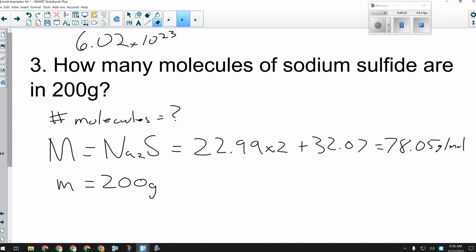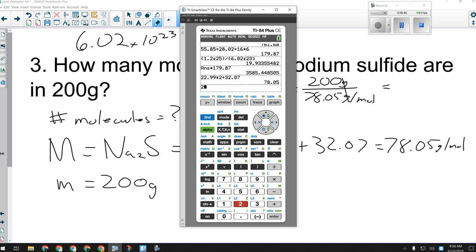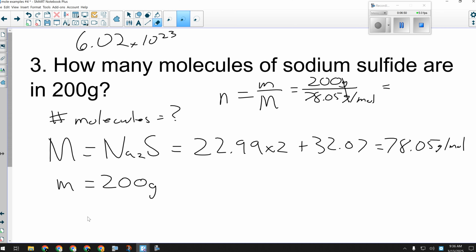What can I find right now with little m and big M? n, yes, so that's what I should do first. I should plug directly into the mole equation the two numbers that I have. 200 grams divided by 78.05 grams per mole. Grams will cancel, I'll be left with moles. So we have 2.56 moles, but I'm going to keep all those decimals in my calculator. What do I do with that number and Avogadro's number? I multiply.